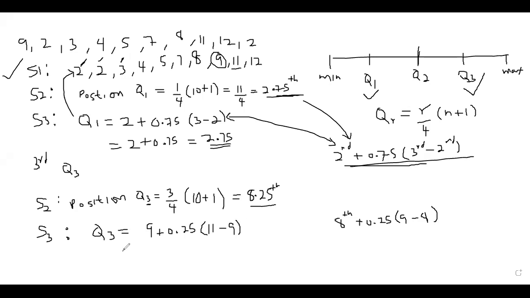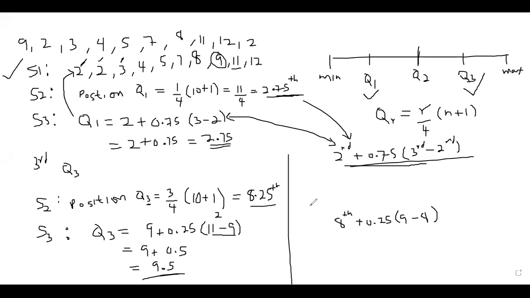So this will give us 9 plus, this is 2, okay? So 2 times 0.25 will give us 0.5. And then 9 plus 0.5 will be 9.5, okay, as our answer. So we have our answer for the third quartile, 9.5.